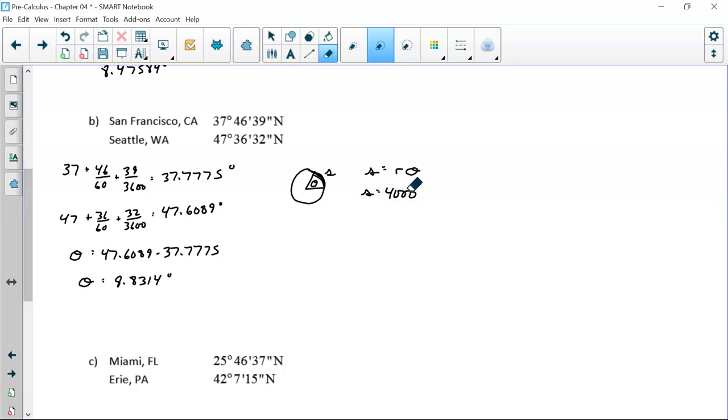Now theta is in degrees, so that's why we're going to have 9.8314 degrees, and we're going to multiply that by pi over 180 to convert from degrees to radians. So now when we multiply those all, we're going to get about 686.4 miles. That's how far apart those two cities are around the curve of the Earth.